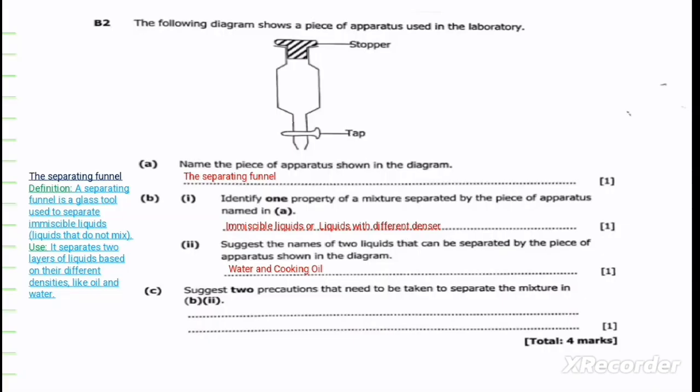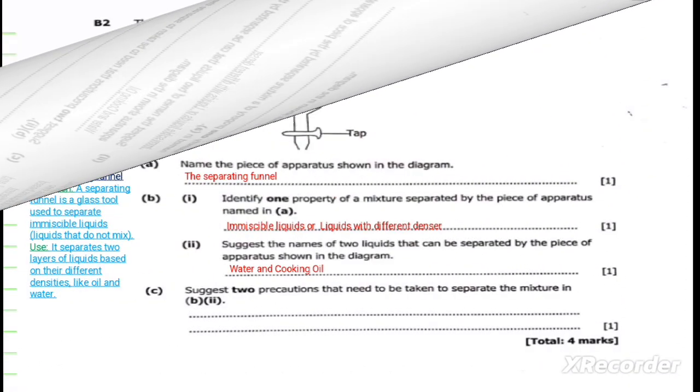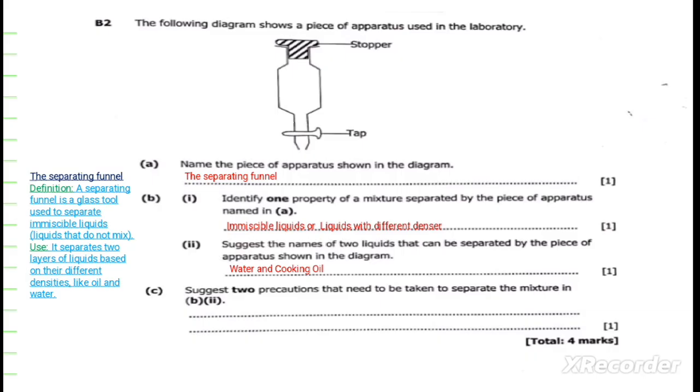The last question. Suggest 2 precautions that need to be taken to separate the mixture in B(ii). So the precautions are the steps you follow before, during, and after an experiment.